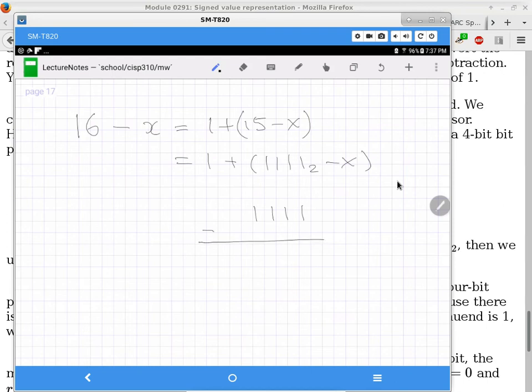But x is a 4-bit number, so we go back to the notation where x0 means bit 0 of x, x1 means bit 1 of x. So now we have x0, x1, x2, and x3. What is so special about this? Do I have to worry about borrow in this case? No, we don't have to worry about borrows. Why not?